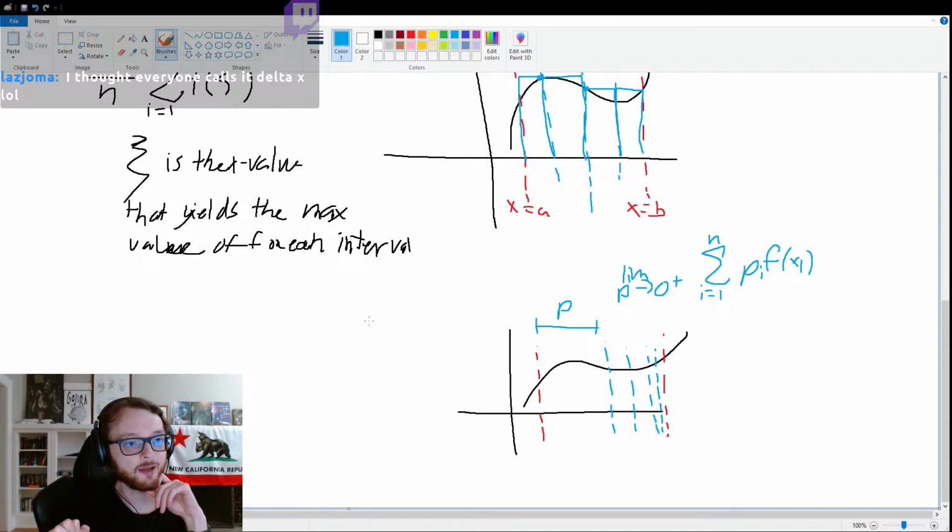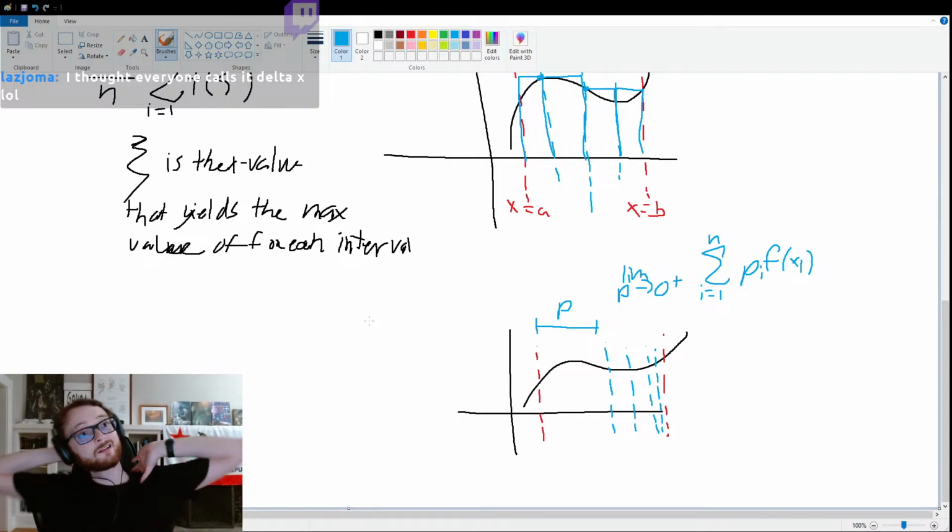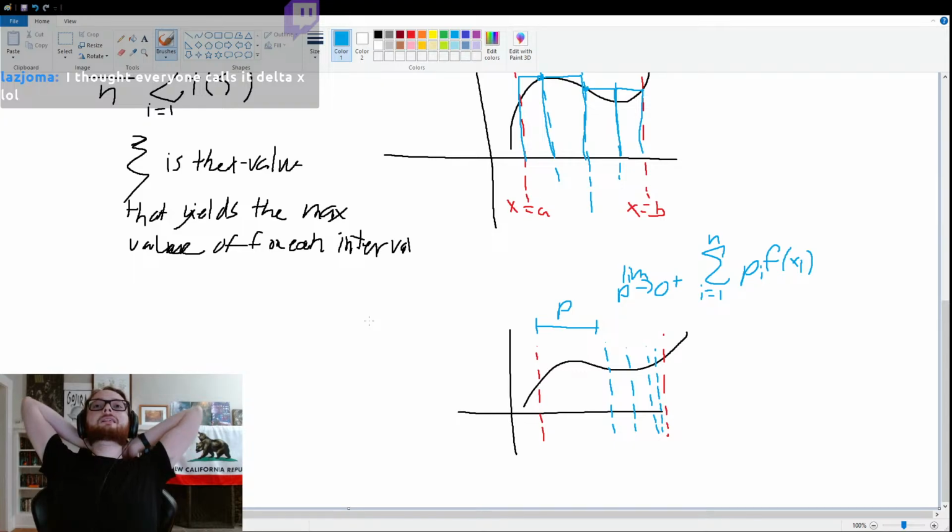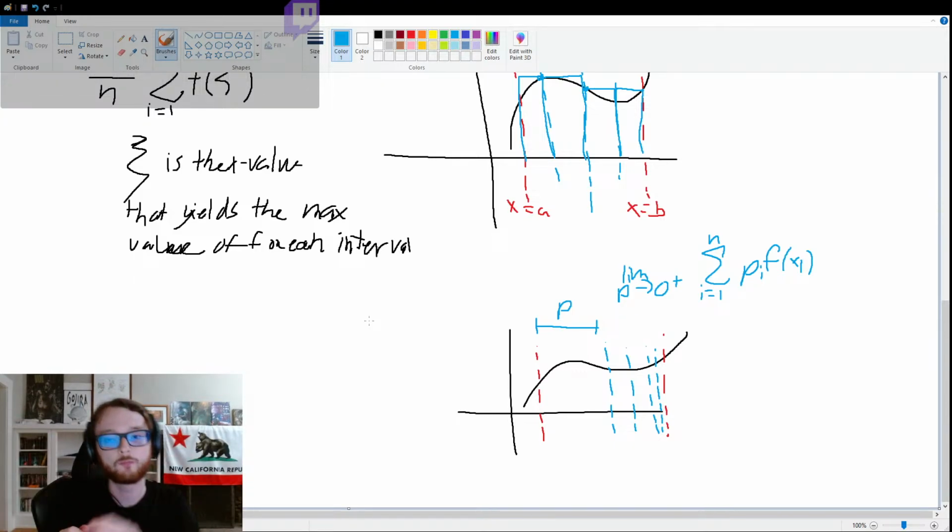Normally they use delta x if they keep it consistent, or this P thing was only used for this purpose of going from a Riemann sum to an integral. Usually delta x is the more common thing. But your delta x could change in this.